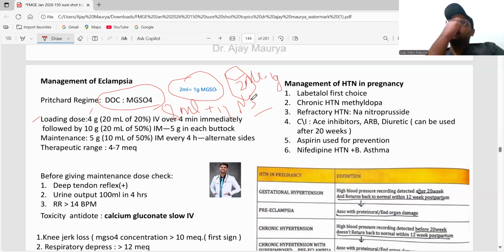So you have to give 10 ml in one buttock and 10 ml in the other buttock.